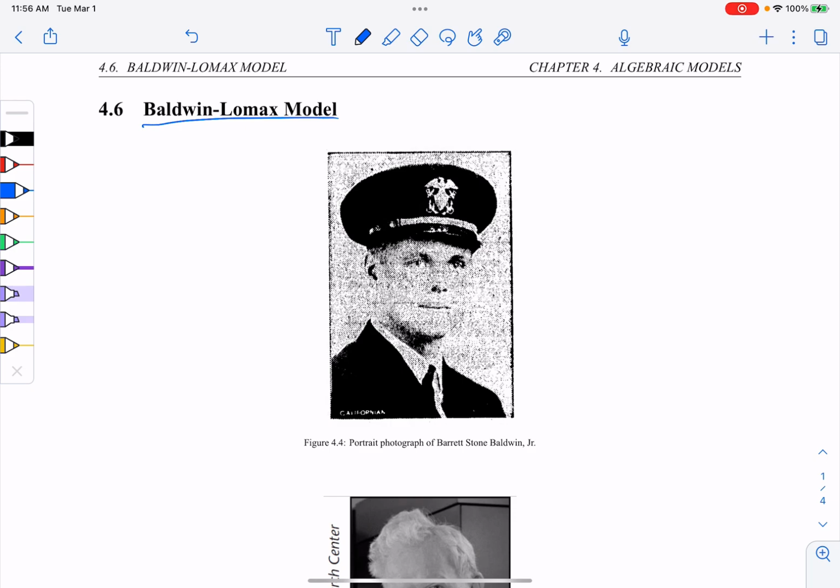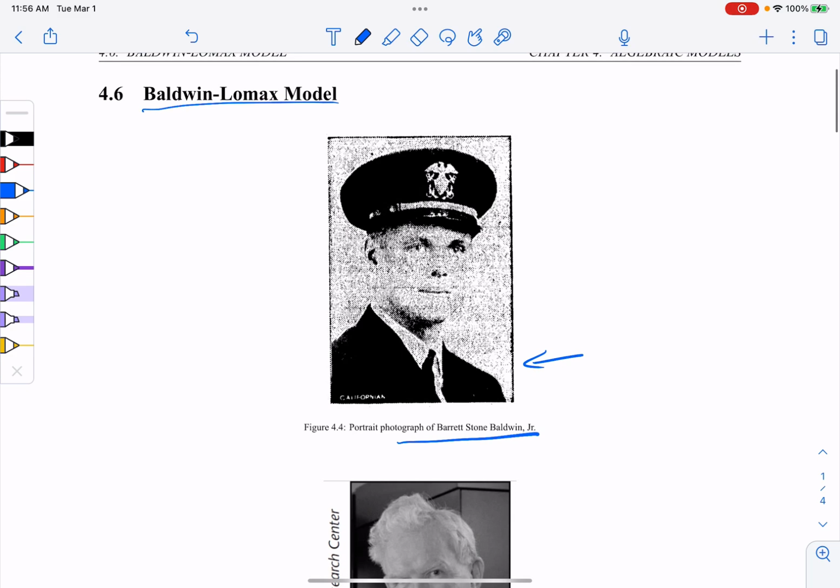So some of you might say, who are Baldwin and Lomax? Well, I spent a lot of time finding this portrait of the main author, the first author, Barrett Stone Baldwin Jr., and this, I think, is his U.S. uniform, because he served in the military, I think, through World War II.